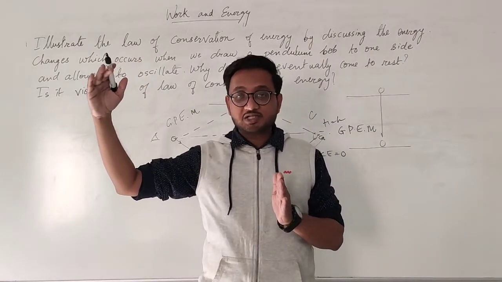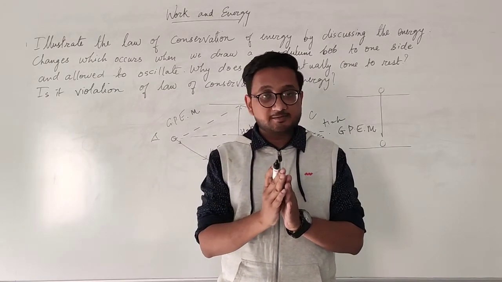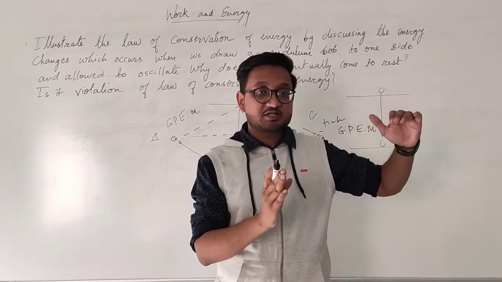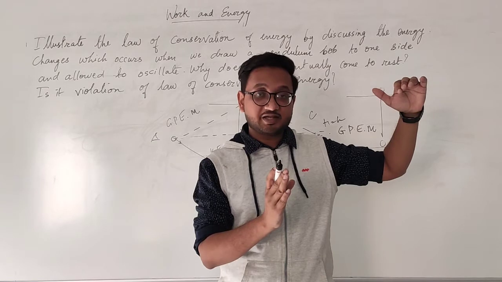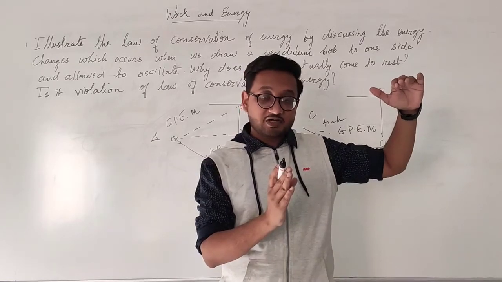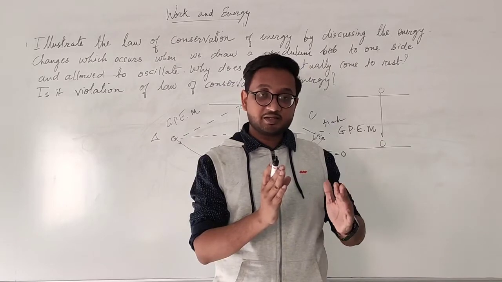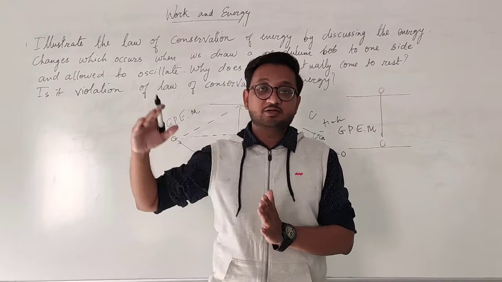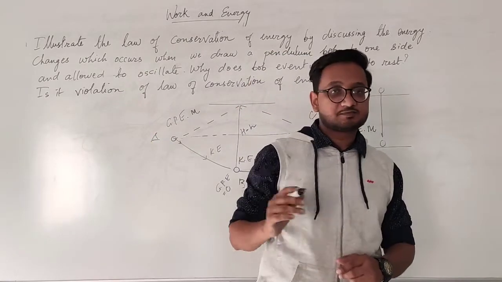Maximum gravitational potential energy slowly gets converted into kinetic energy, potential energy becomes 0, maximum kinetic energy and maximum velocity, it reaches a certain point C, maximum potential energy, and once again 0 kinetic energy. Now because of the gravitational force, it comes down once again, converting potential energy into kinetic. At this point, maximum kinetic energy and 0 potential energy, and it goes from point A, B, C to C, B, A, and oscillates.